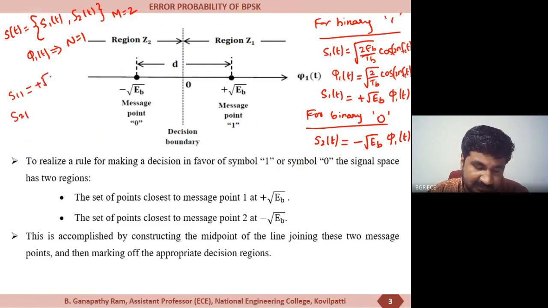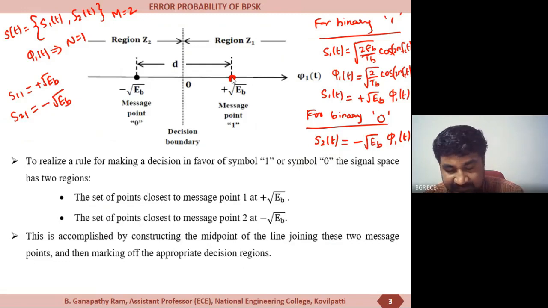S11 is nothing but plus square root of EB and S21 is minus square root of EB, and the signal space constellation can be drawn by considering plus root EB, which represents the message point 1, that is S11, the transmission of S1 of t.